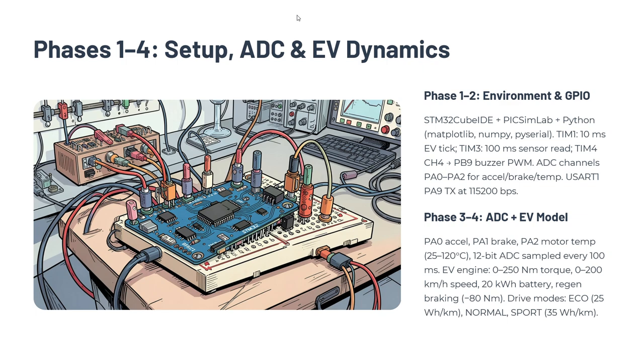And then let's look at how the car actually drives in the first few phases. We set up our internal timers to handle tasks at different speeds. For example, the car's engine calculations update every 10 milliseconds, while the sensors look for obstacles every 100 milliseconds.